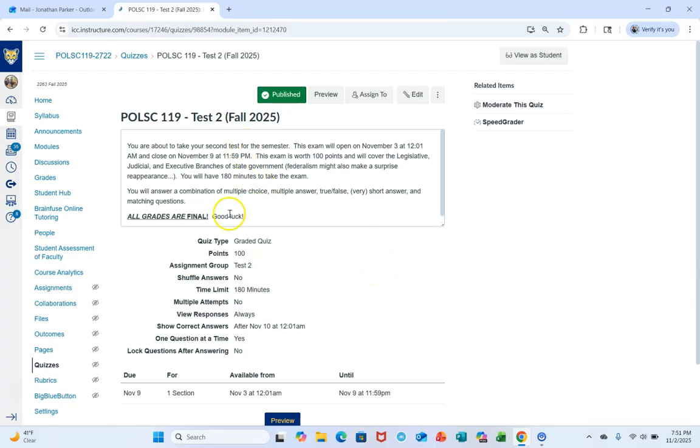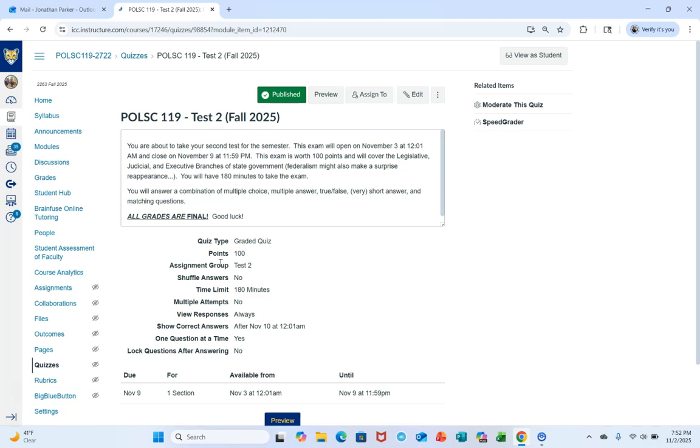So the second test for the semester, it's just going to be 1 week. It closes November 9th at 11:59 p.m. It's 15% of your semester grade, but just because students always want to know, it's worth 100 points. It covers the 3 branches of government. You will have 3 hours to do this, which is an ungodly amount of time I'm giving you, but it's what I've decided to give you.